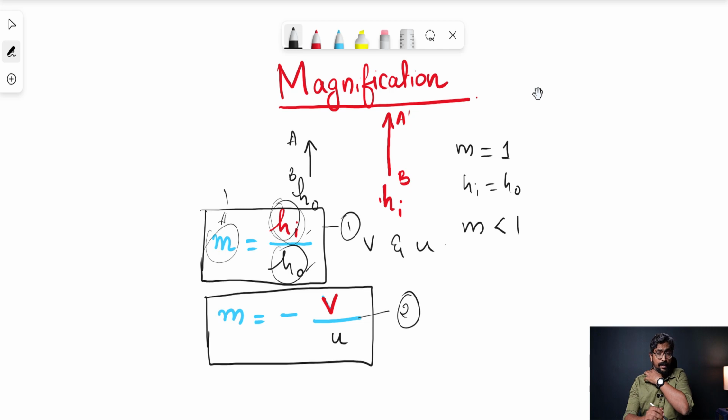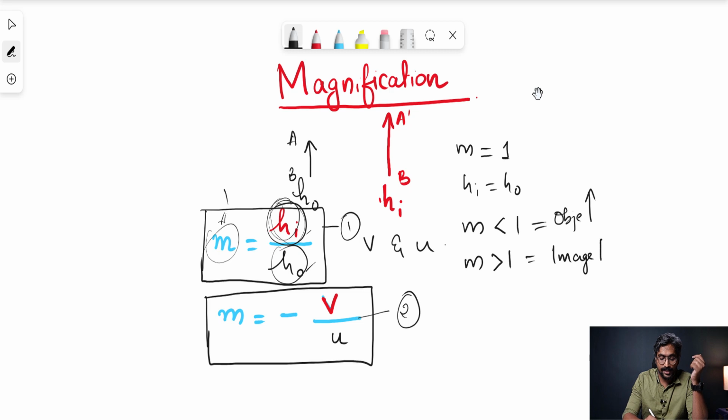That is, the object will be larger and the image is smaller. In the case of M greater than 1, HI should be greater than HO. That is, the image will be larger. This is the inference: equal to 1, same size; less than 1, the object is larger; greater than 1, the image is larger than the object.